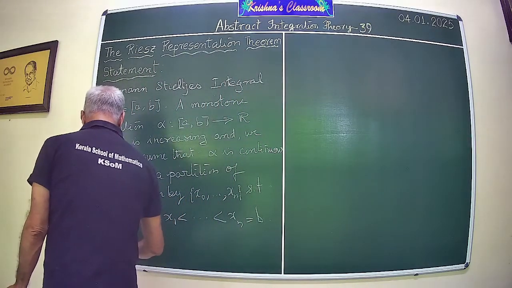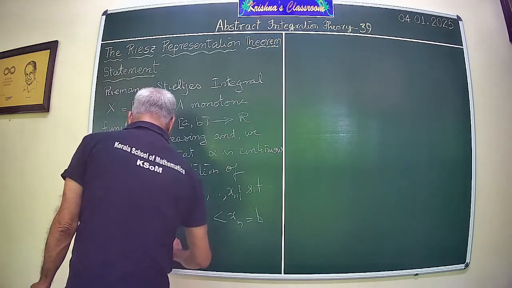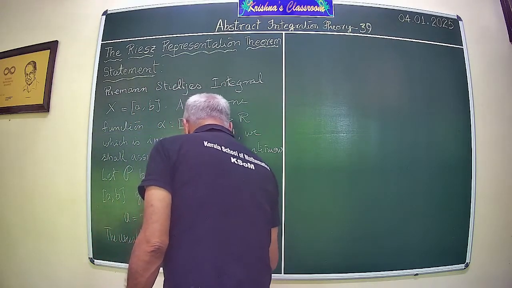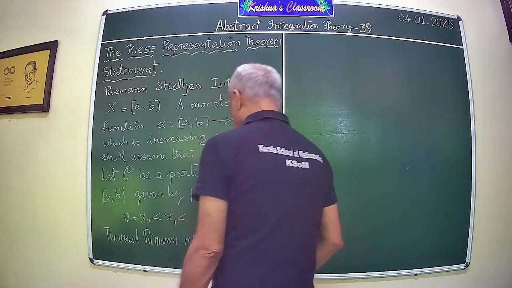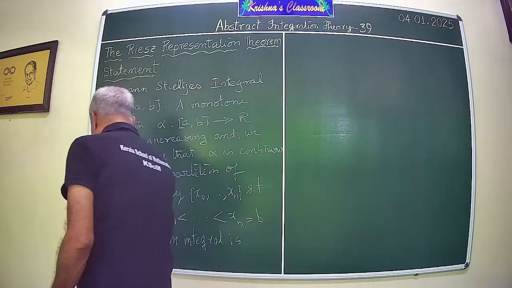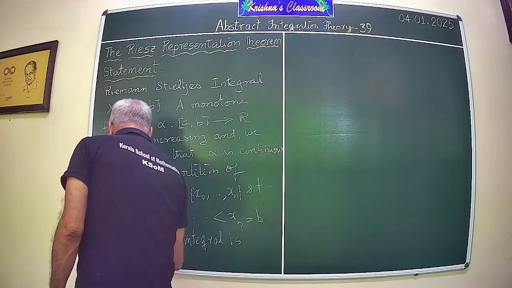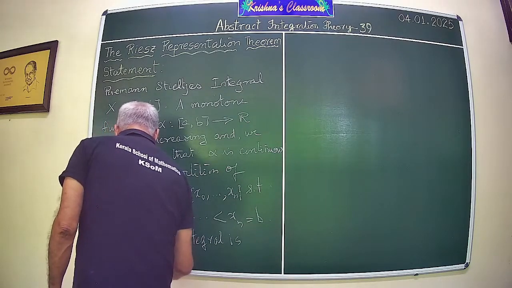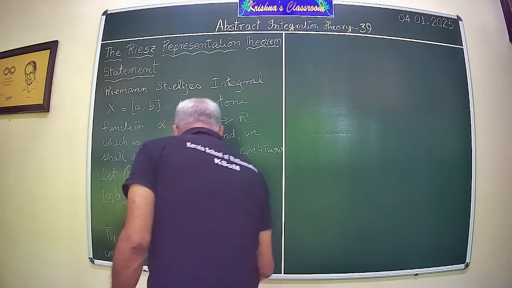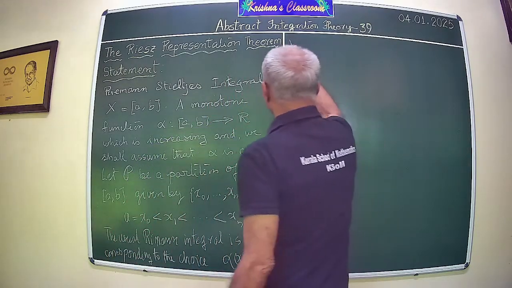The usual Riemann integral corresponds to the choice alpha of x equal to x for every x belonging to the interval.